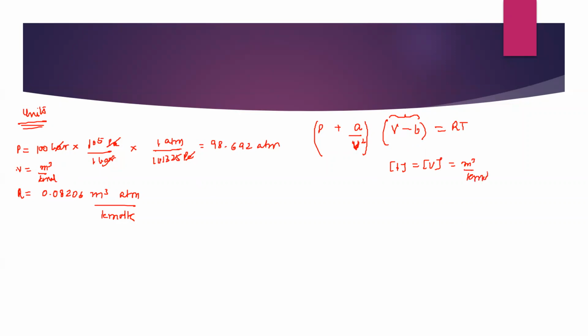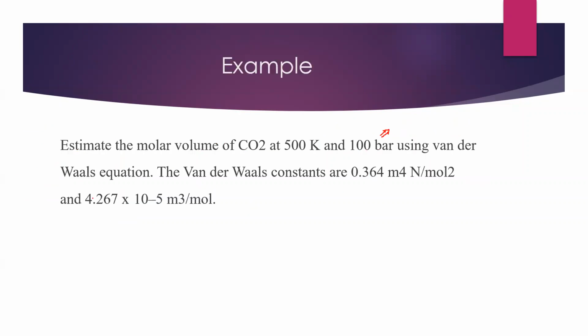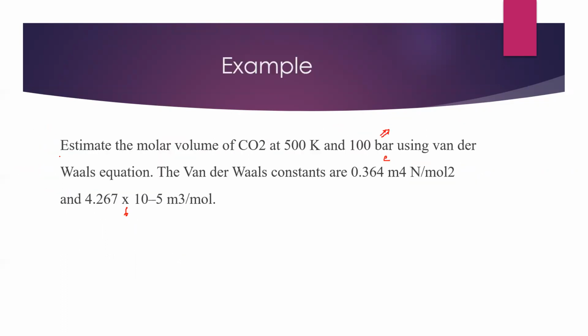B is given in meter cube per mole, so we convert it: 4.267 into 10 to the power minus 5 meter cube per mole.